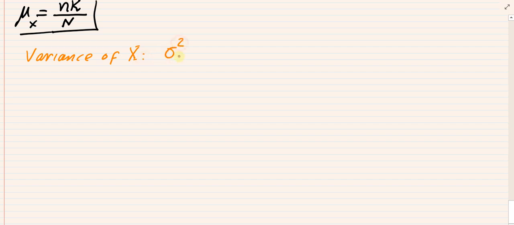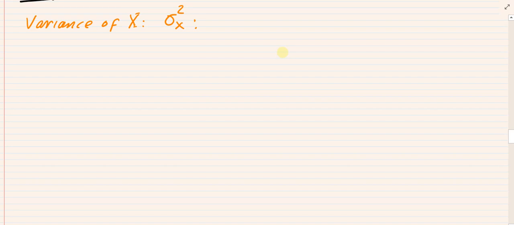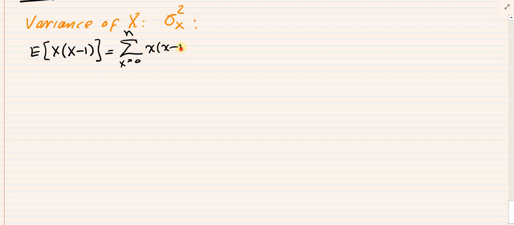That would be sigma squared x. So to that goal, to find the variance, we're going to start by this expected value of x times x minus 1. Okay, so that expectation, by definition of expectation, that's going to be the sum from 0 to n of x times x minus 1, right? And then times the probability distribution.